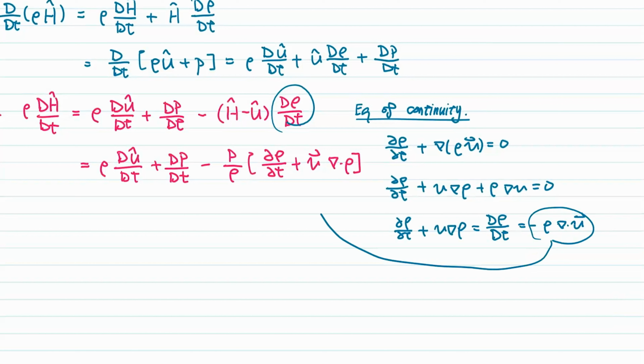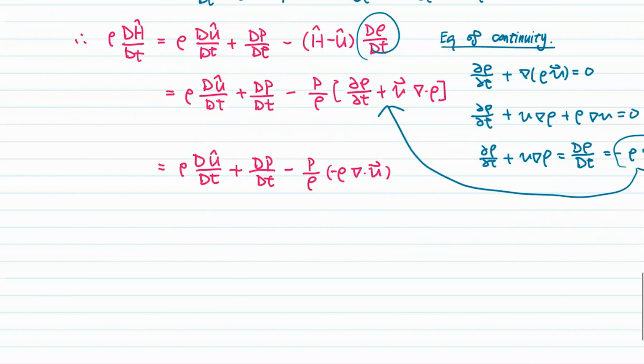So substitute this into here, we now have this equals rho times the substantial derivative of internal energy plus the substantial derivative of pressure minus P over rho times negative rho times the gradient of v.